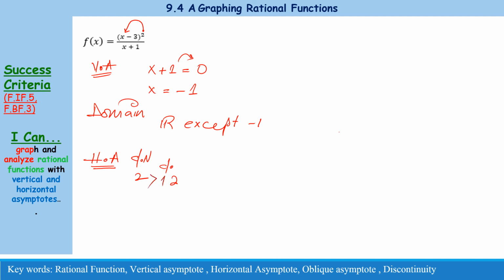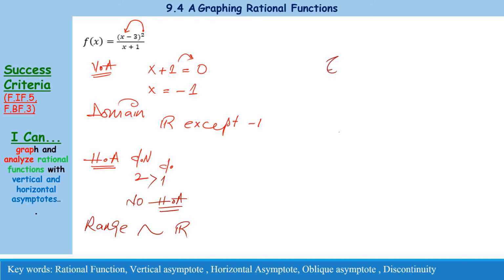So 2 is bigger than 1, which means you don't have any horizontal asymptote. So you will write no horizontal asymptote, which means the range is all real numbers.